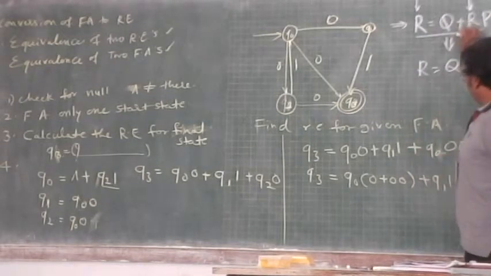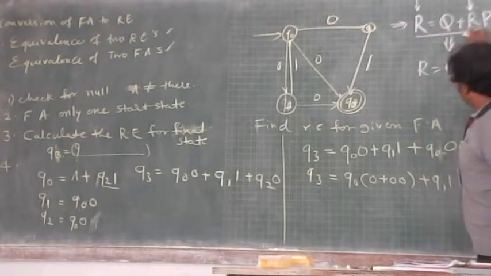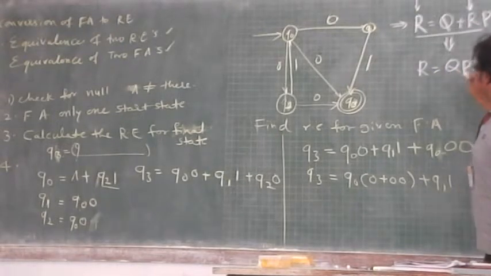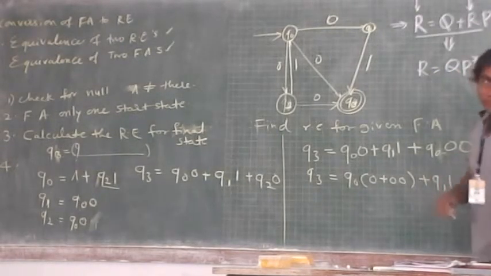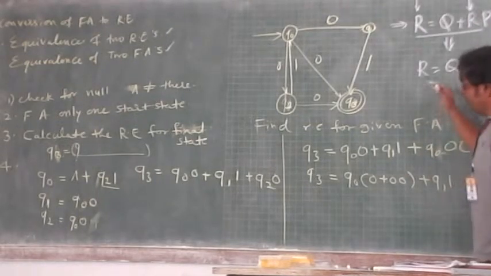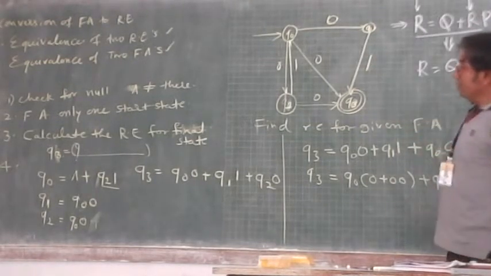If it is the case, then you can simplify this expression to R is equal to QP star. Getting? This is Arden's theorem. So this theorem will be applicable during the conversion process.